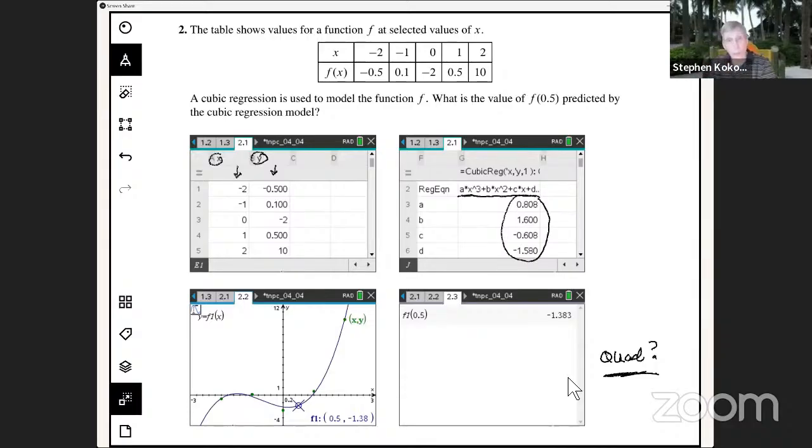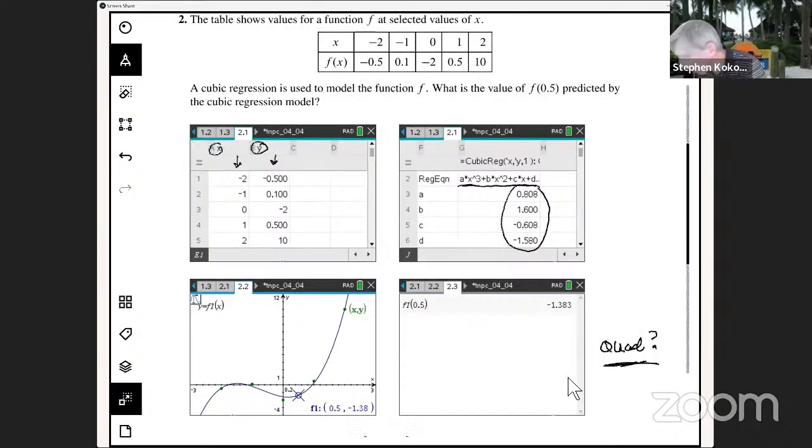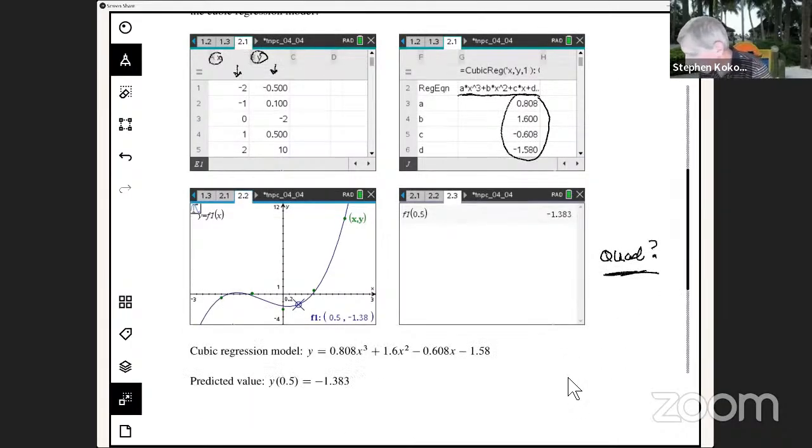I hope those agree with what Tom found on the TI-84. And I did just a little bit more here on a couple of other screens to finish up this problem, because it asks for what is the value of f of 0.5 predicted by this model. So let me see if I can arrow up just a little bit more. There we go. How about that? It's working pretty well tonight.